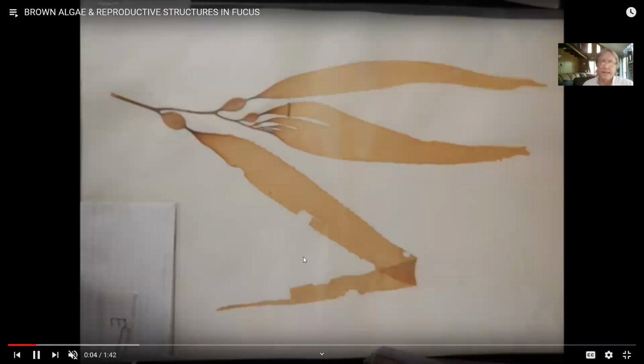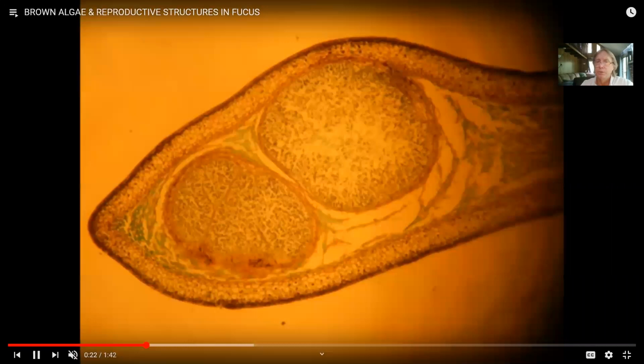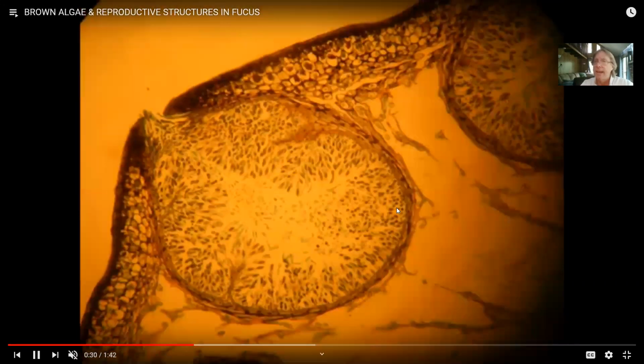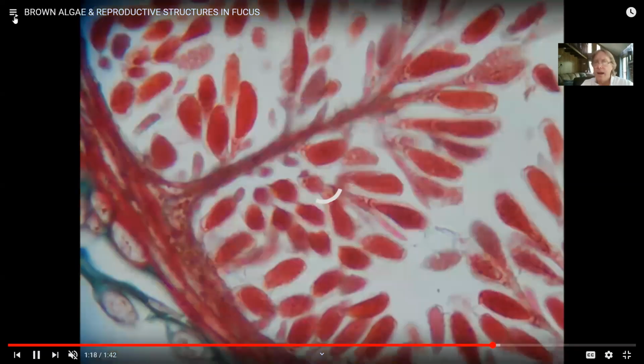So, for example, if we were to look at the brown alga Fucus, unlike what you saw there, there are multicellular structures involved in reproduction. So this is the oogonia, which is making the haploid ova, and then there are spermatogonia, which will make the sperm.